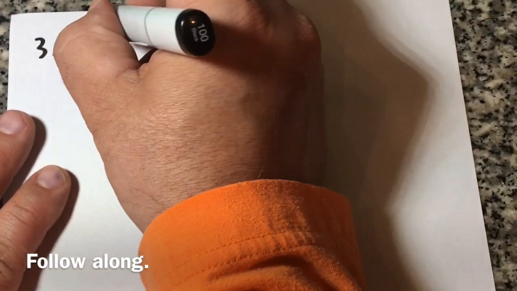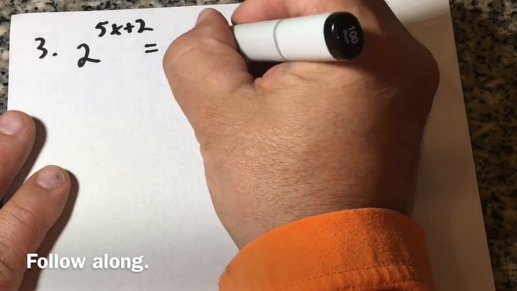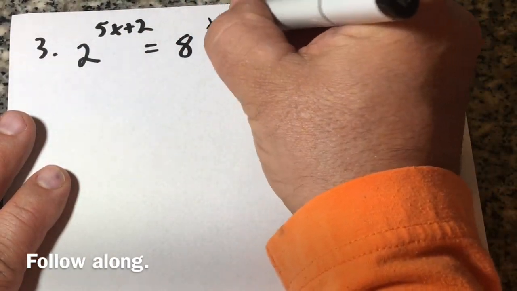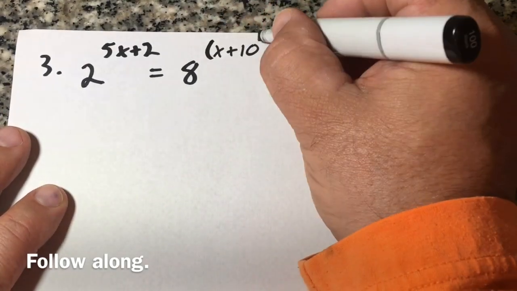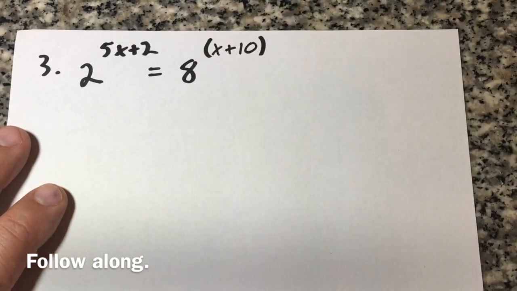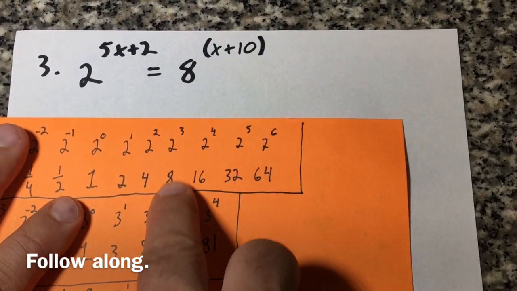2 to the 5x plus 2 equals 8 to the x plus 10. Now I'm going to want to rewrite that x plus 10 in parentheses because I'm going to change this 8 to a base of 2. And notice, 8 can be rewritten as 2 to the 3rd power.